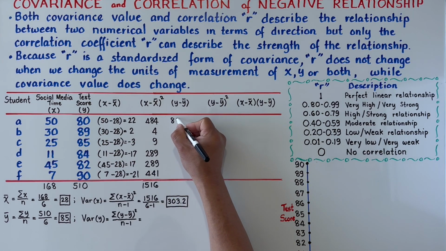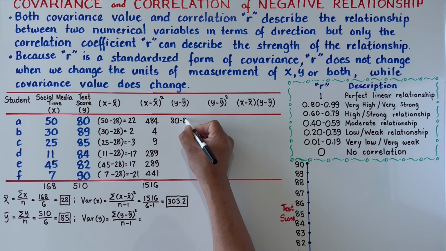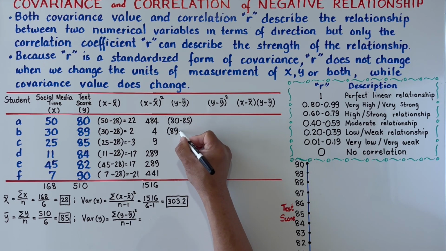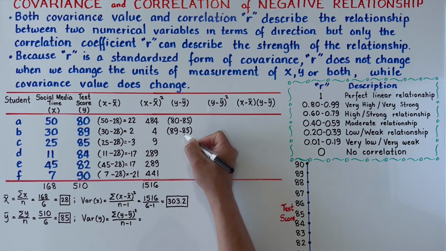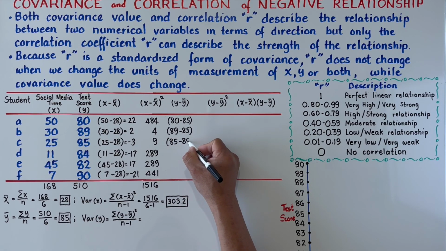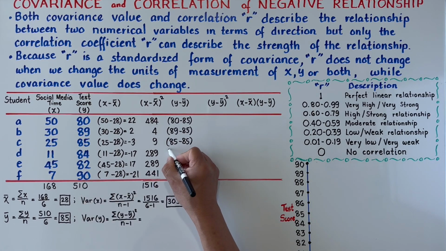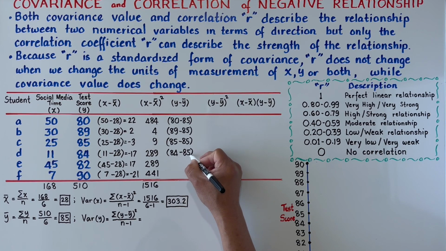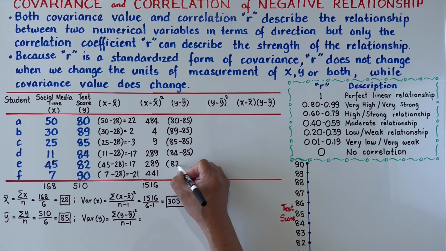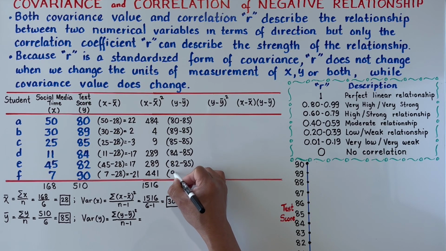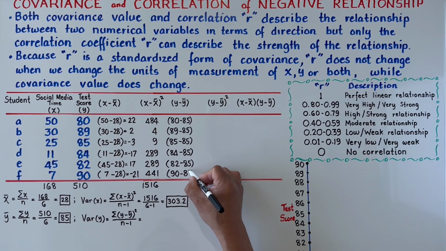So we have here 80 minus 85 here, and also 89 minus 85, and also 85 minus the mean, which is also 85, and also here 84 minus 85, and here 82 minus 85, and then 90 minus 85.